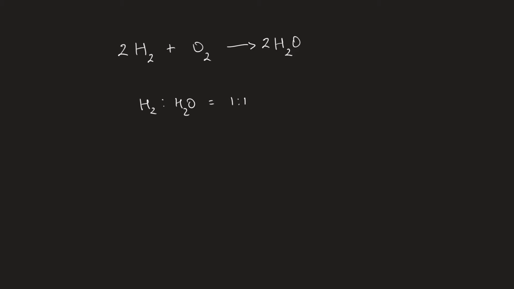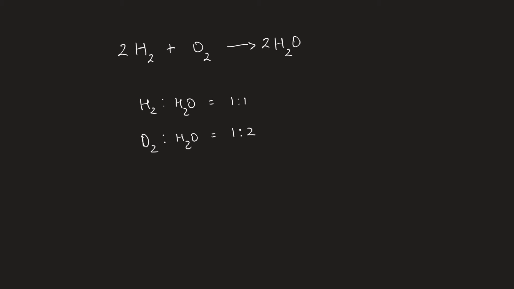Because 2 moles of hydrogen give 2 moles of water, 1 mole of hydrogen should give 1 mole of water. On the other hand, the mole ratio of oxygen gas is 1 mole of oxygen gas is required to make 2 moles of water. So O2 to H2O is a 1 to 2 ratio.